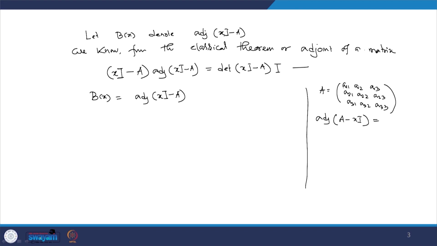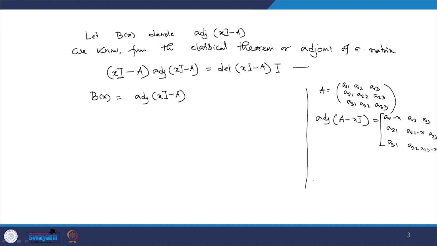Based on that, let me write the matrix: A11 minus x, A12, A13; A21, A22 minus x, A23; A31, A32, and A33 minus x.